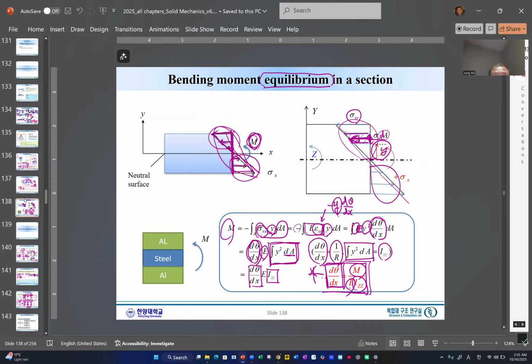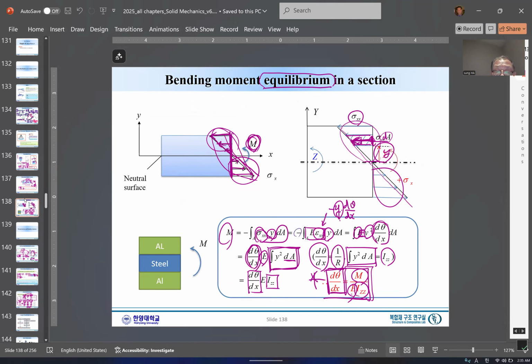I'd like to go back a little bit here, to this one, d theta dx. This is the length. If the length is L and we have a twisting moment M, then this will have an angle like this. This is theta.